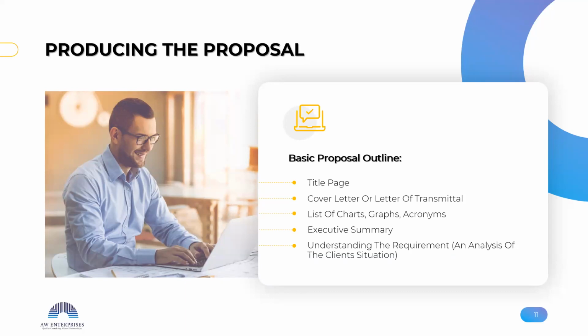You can go online or go to the website of that government agency and get a good idea of what they do for the government, what their program is doing, and what the importance of that program is. If you thoroughly understand their requirement, then your response is going to be right on target.